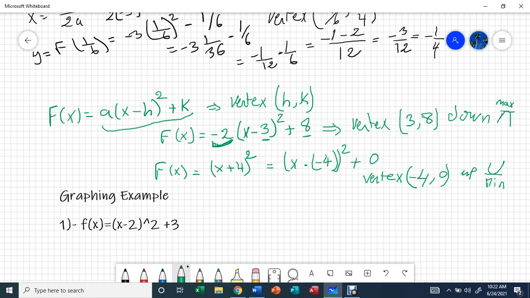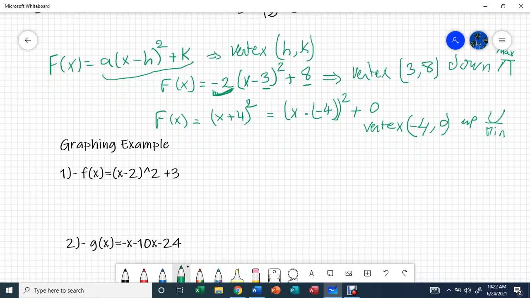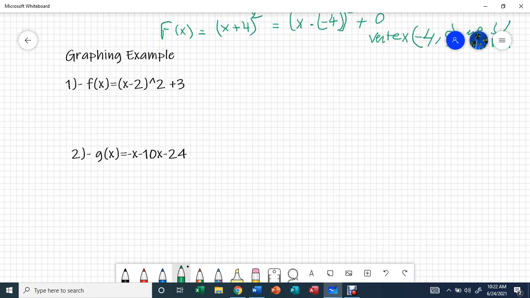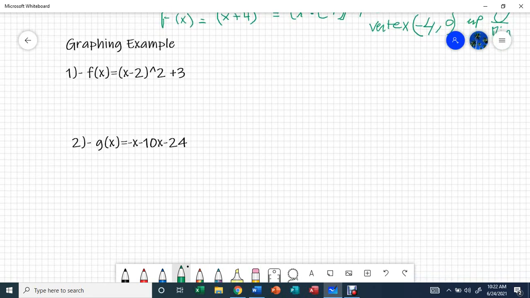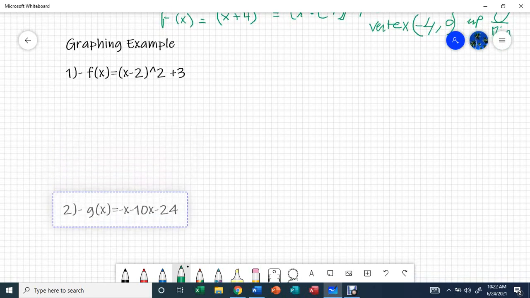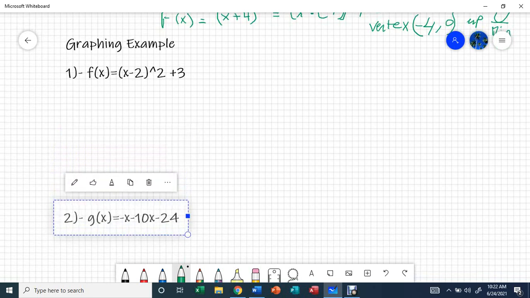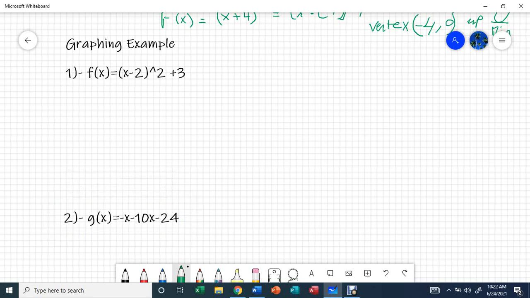So let's do some graphing examples here. The first example is given in the nice standard form. We're talking about the first example here, (x minus 2) squared plus 3.